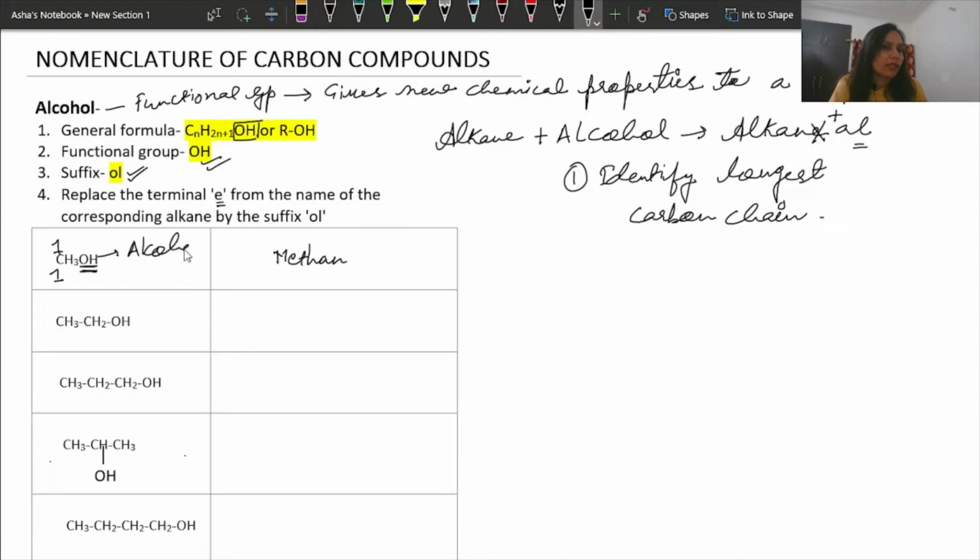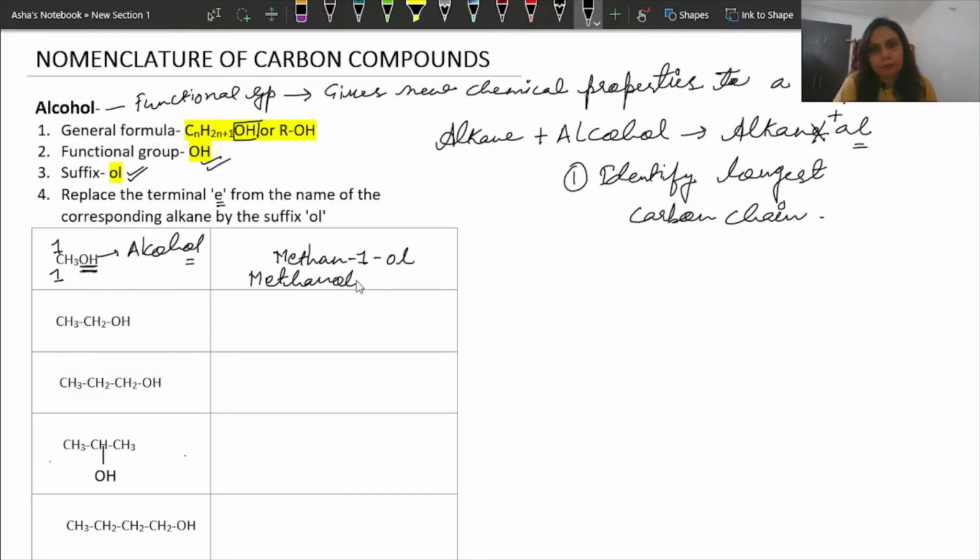OH is telling that this carbon containing compound is having alcohol in it. So we will be using the word OL. So OH is attached to the first carbon, so we can write 1-ol. The suffix OL we will be using, or the simple name will be methanol. 1 is never shown or written.